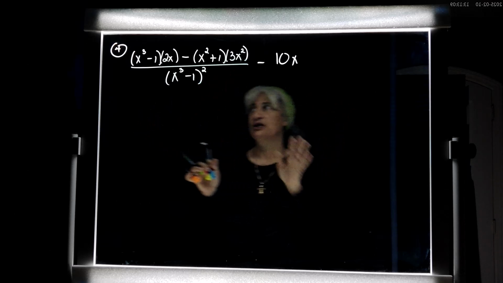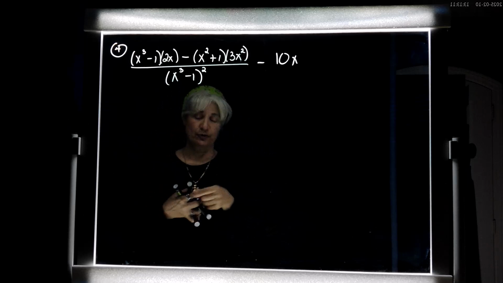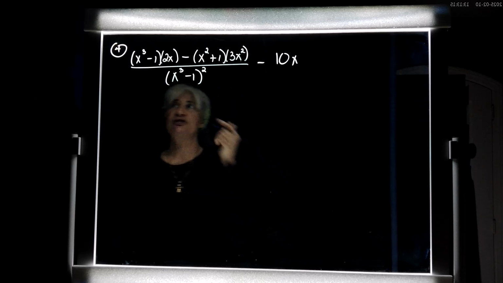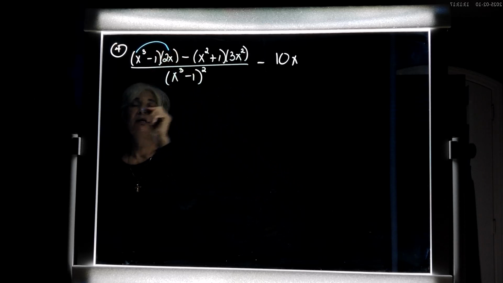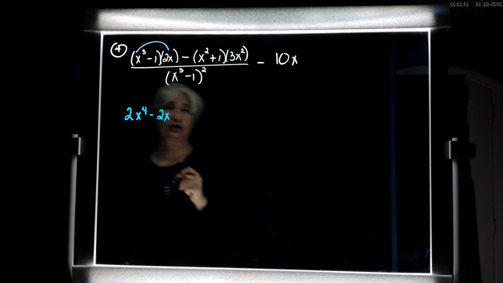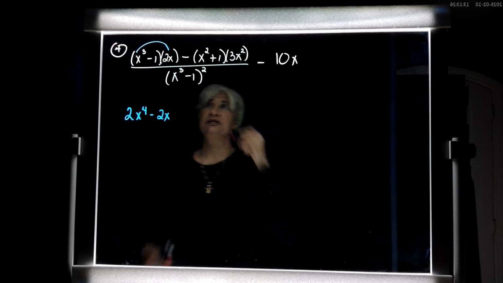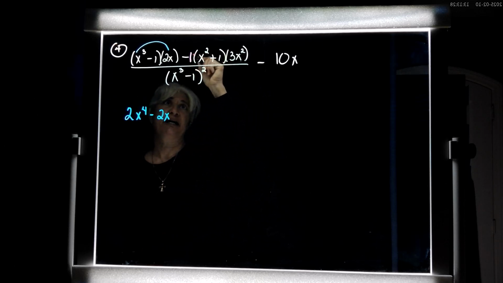Good? All right, so let's look at the numerator. You know as well as I do what you have to do, right? You have to distribute. So that will be 2x to the power of 4 minus 2x. Agreed? Okay. And then we have this lovely negative 1 sitting out front again. So I am going to distribute it into the parenthesis that follows.